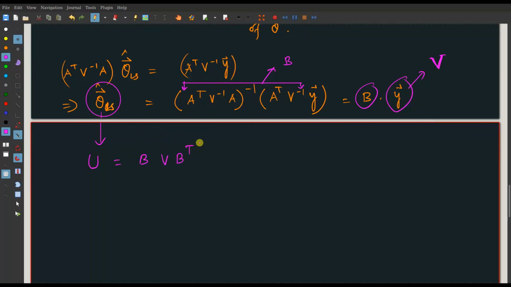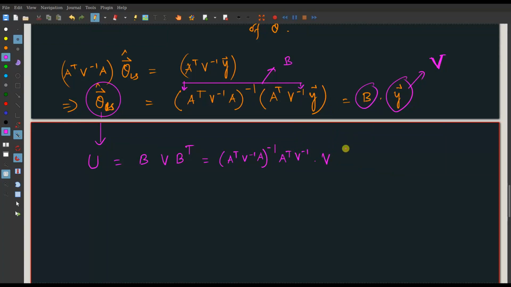Now if you substitute all these things here carefully, you have A transpose V inverse A whole inverse, then A transpose V inverse, times V times B transpose.